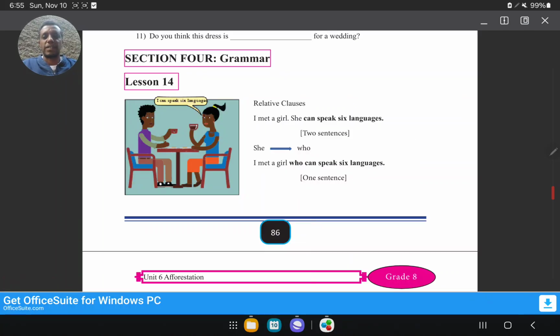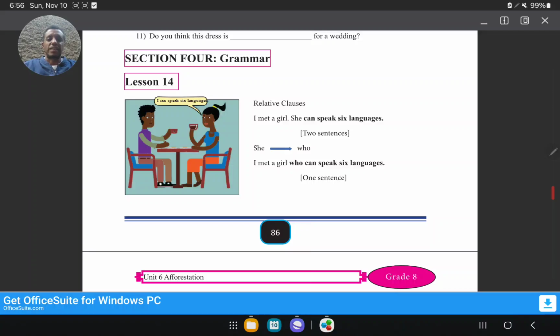Now let's discuss section 4 grammar, lesson 14. Relative clause. Students, what do you know about relative clause? Have you ever heard about it? Relative clauses are, in short, clauses that refer to who is exactly doing the action or what is specific information.